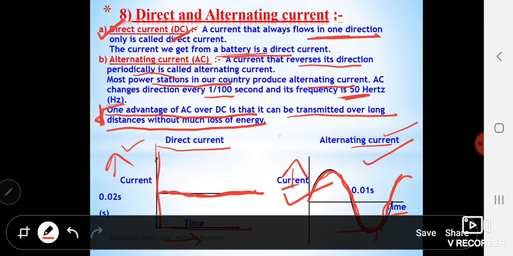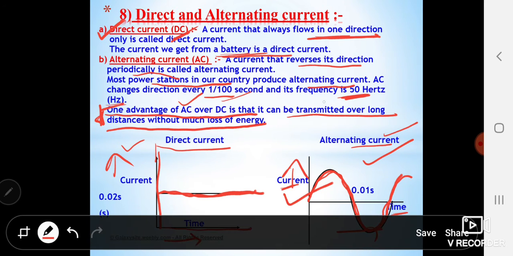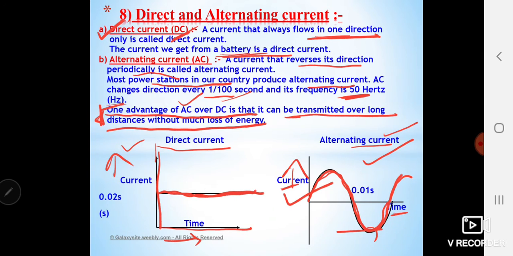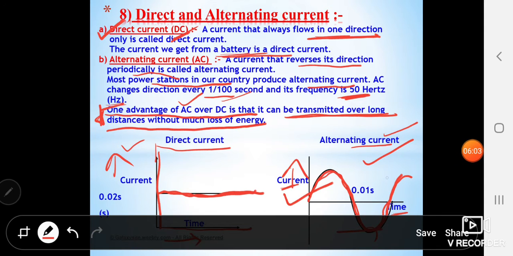Because of this reason, most of the time we prefer AC current when compared to DC current. The reason is very simple: AC current can be transmitted over long distances without much loss of energy. This is the main difference between AC current and DC current.